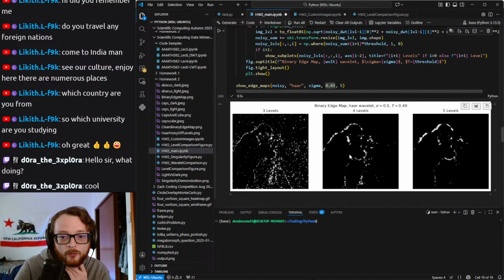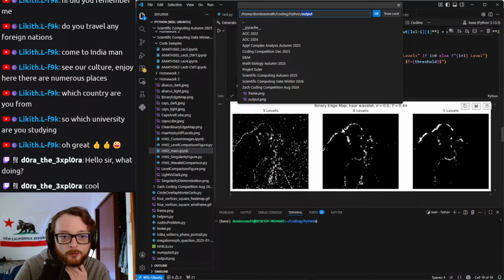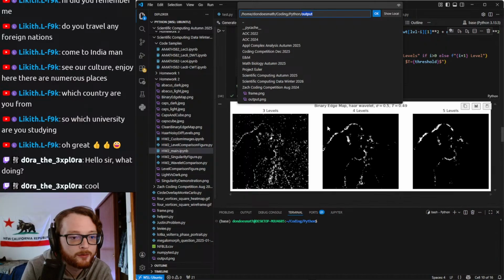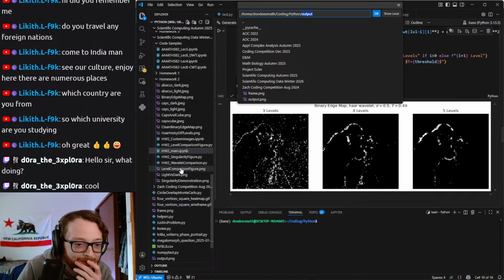Okay, so we need to make this our new figure. What was I calling this file? Hard, noisy, different levels? Or level comparison figure? Oh my god. I just click out of this.